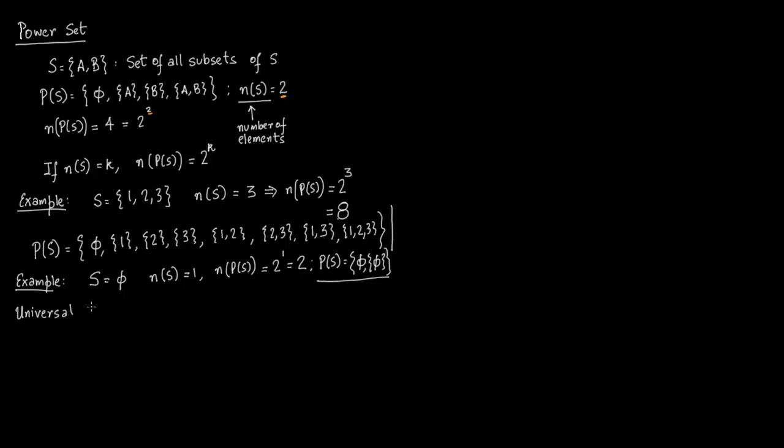Now we talk about the universal set. Sometimes we want to fix a big set, and study relationships between subsets of this set. For example, you could fix a big set like all the people of the world.